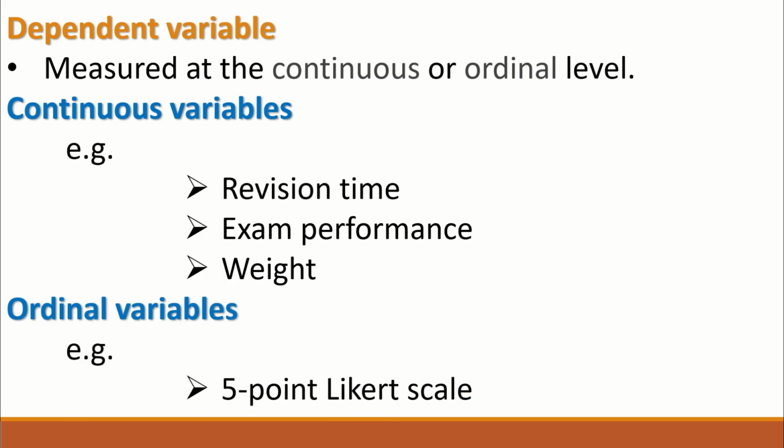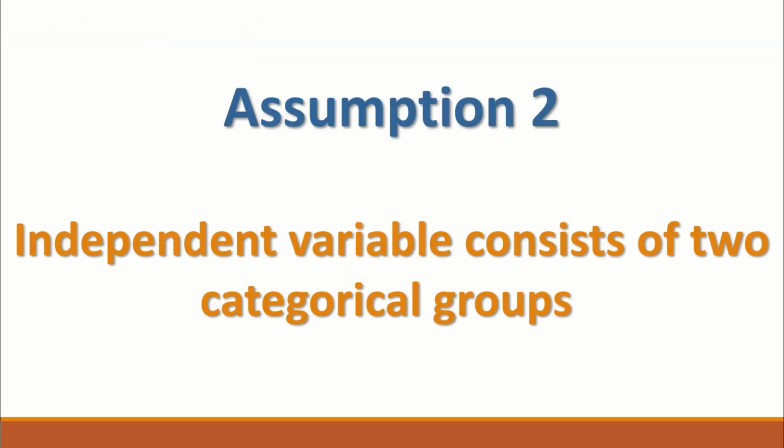An ordinal variable is a categorical variable but with order in it, such as the 5-point Likert scale that is used in questionnaires and surveys, in which the response from participants is given on a scale from 1 to 5, 1 for strongly disagree and 5 for strongly agree. So there is a category in the response and there is an order, so it's called an ordinal variable or ordinal data.